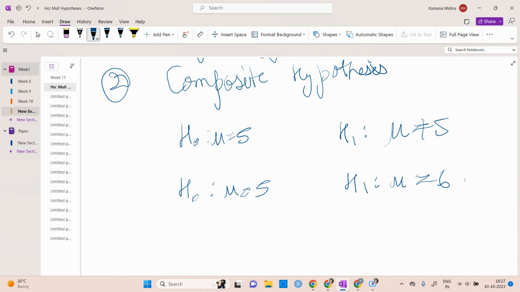So checking this hypothesis, the composite one, is that either the mean is 5 or 6. So maybe we need to allow a lot more error in this, or otherwise we need to be very, very specific about the things, right?